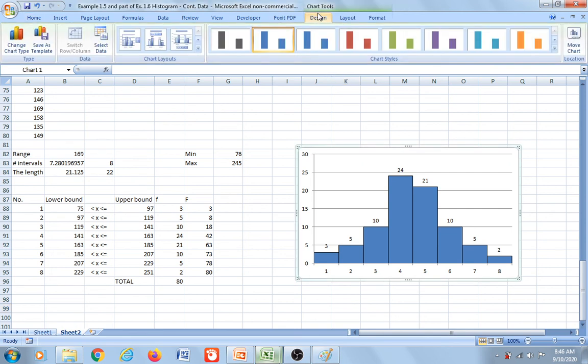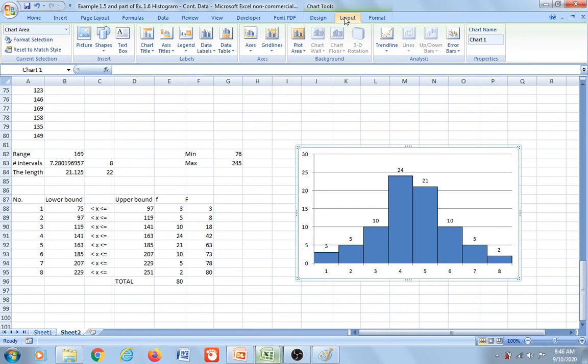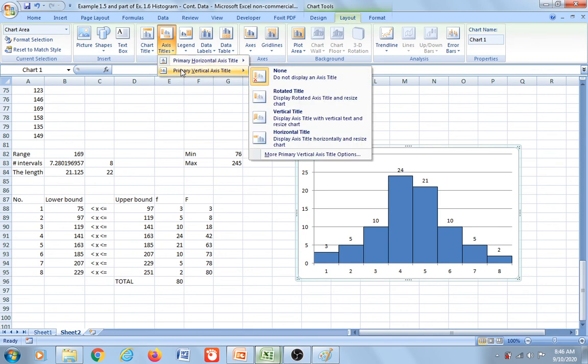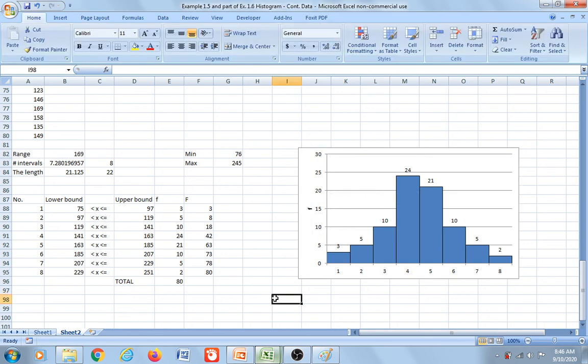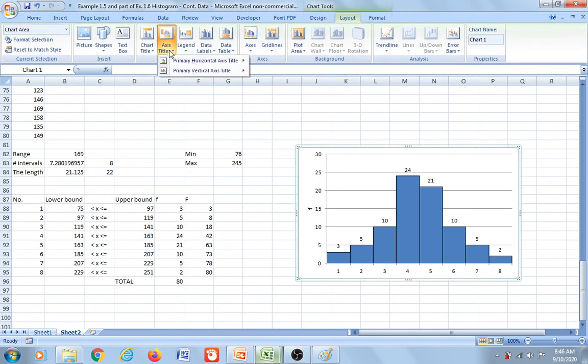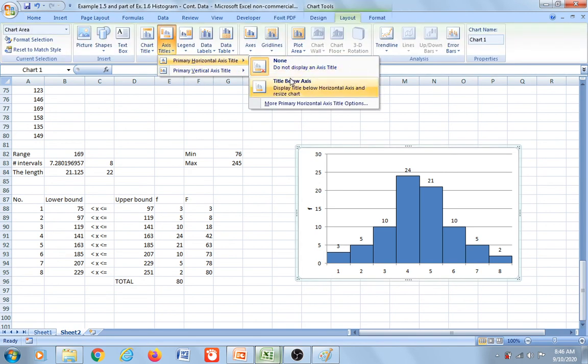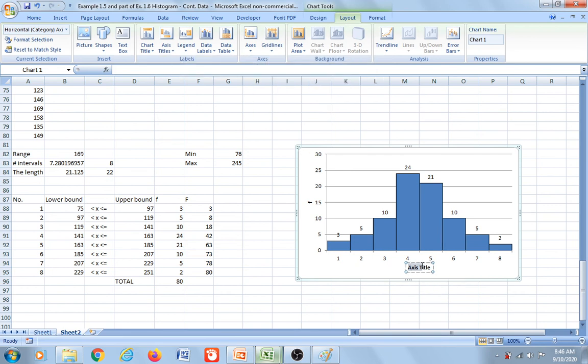I need to label the horizontal axis and the vertical axis. I'm going to go to design, layout, axis title. For the vertical axis, it is the frequency, small f, and for the horizontal axis, it is the number of the interval.